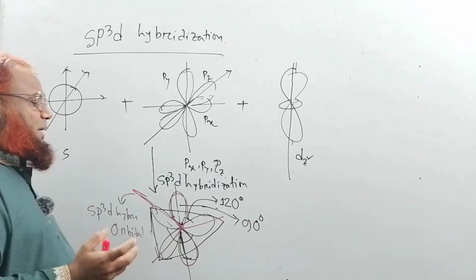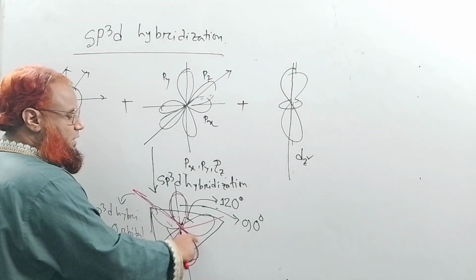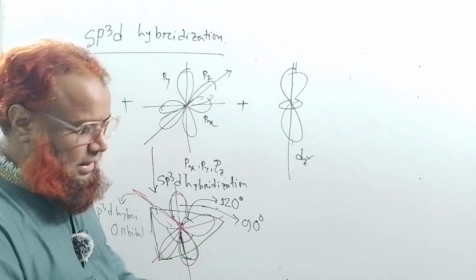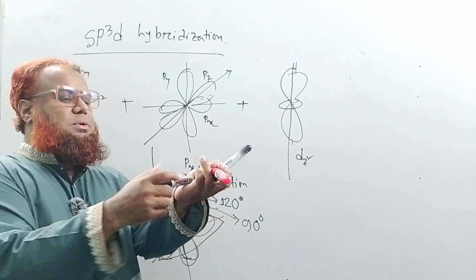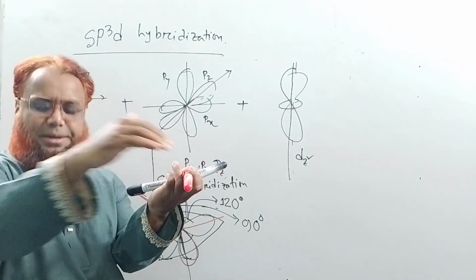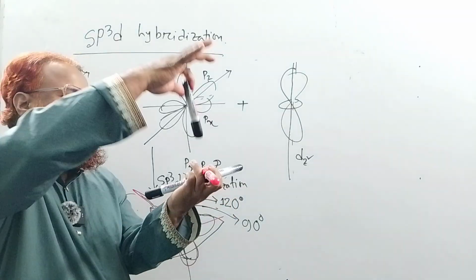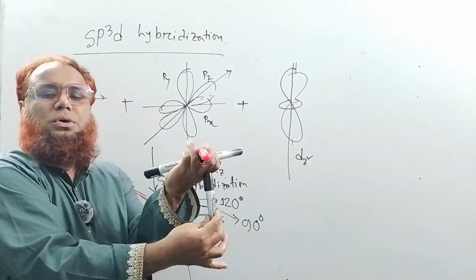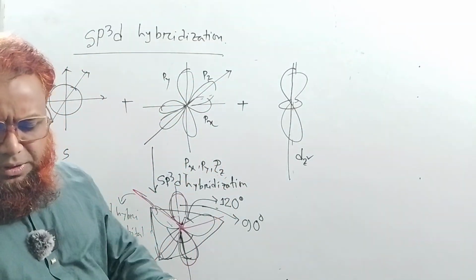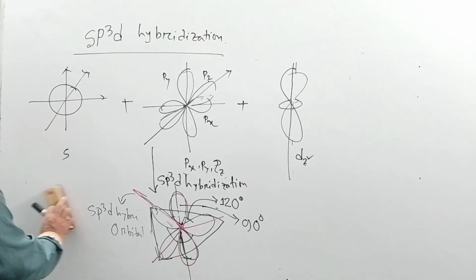And the bond angle will be of 2 types. Trigonal shape will make 120 degree, and the rest of the 2 orbitals here 90 and here also 90.